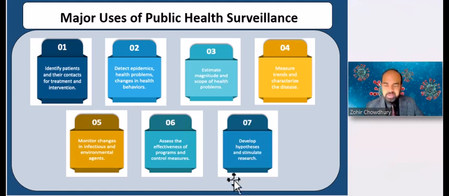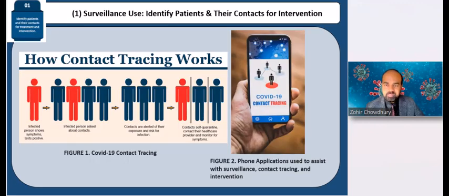And finally, developing hypotheses and stimulating research is another aspect where surveillance data has been used a lot. I'll provide some examples later on about this as well. So now we'll go deeper into each one of these 7 uses and provide examples.